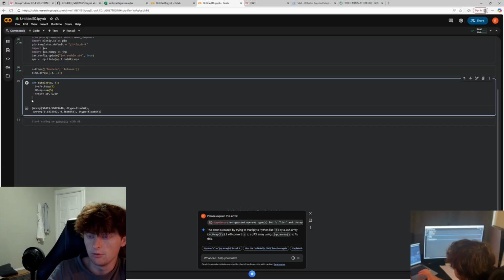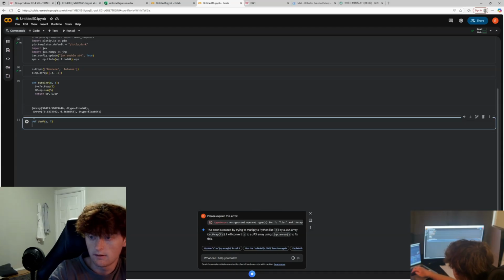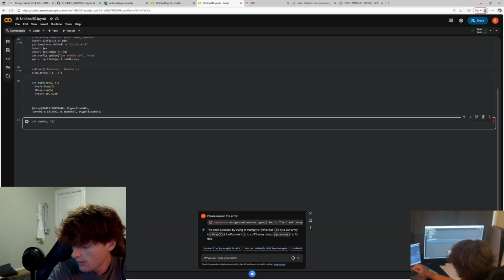So now we can move on to defining our dew pressure, and we want our Y and our T again. Enter. We need our colon. So looking at our sheet, we know we need our P dew is equal to 1 over the summation of our Y fractions over our P saturated.